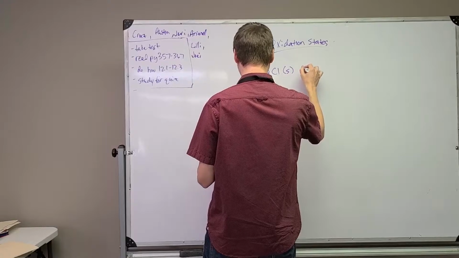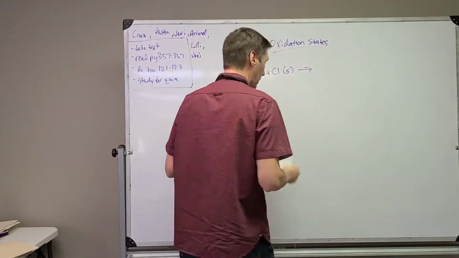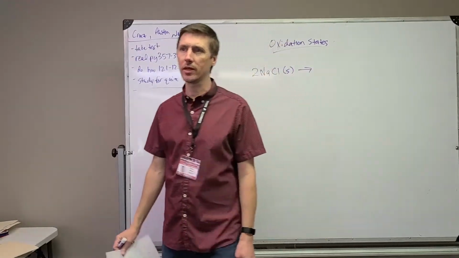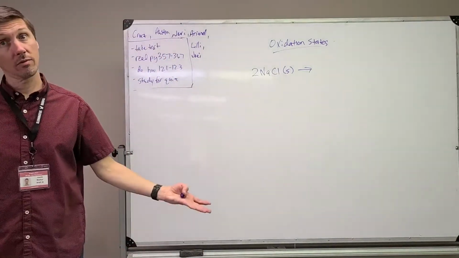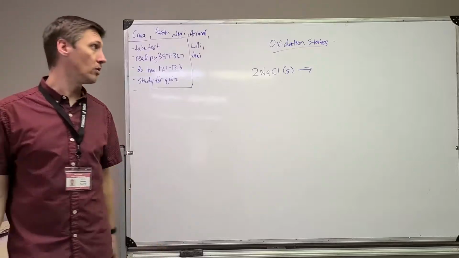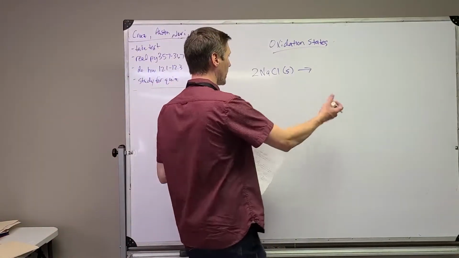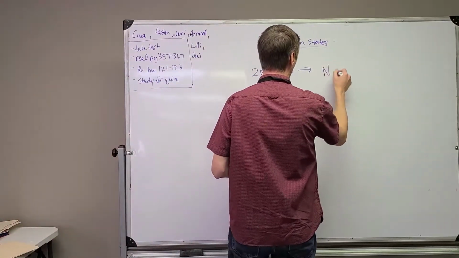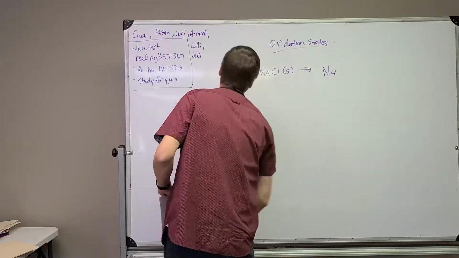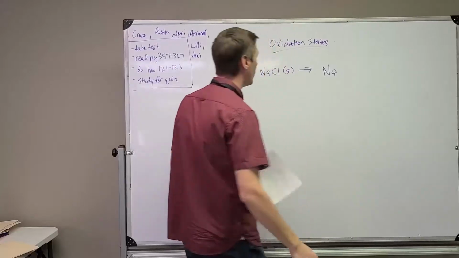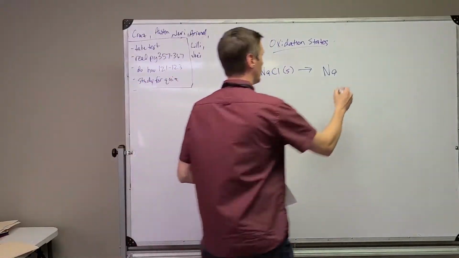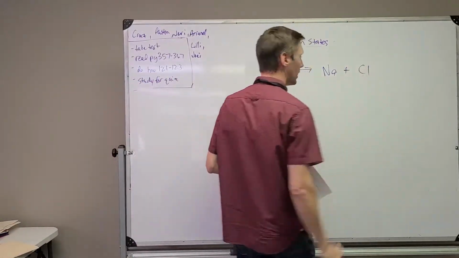This is a decomposition reaction. Do you guys remember what a decomposition reaction is? It breaks up into its individual elements. So you start with a compound and you want to break it down to its individual elements. If I were to just say you have the decomposition of NaCl, you would write down NaCl on one side and the elements on the other side.